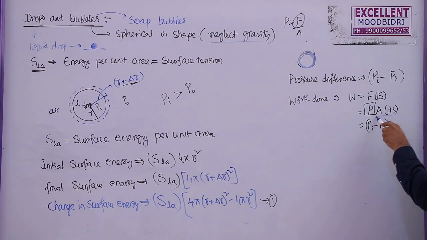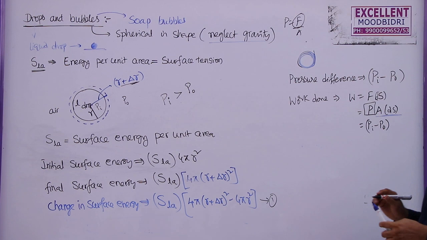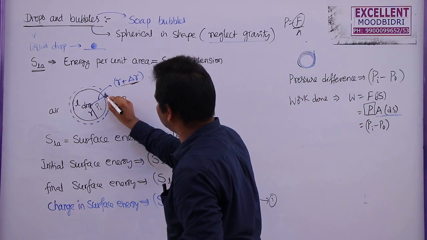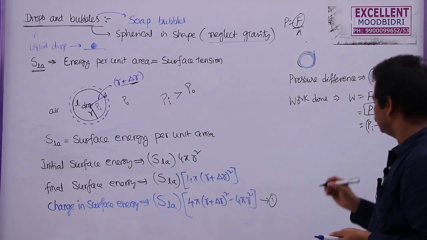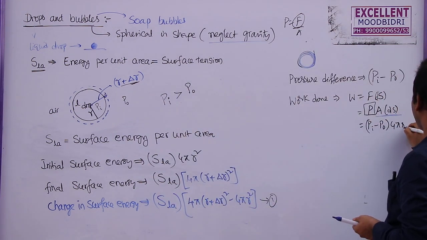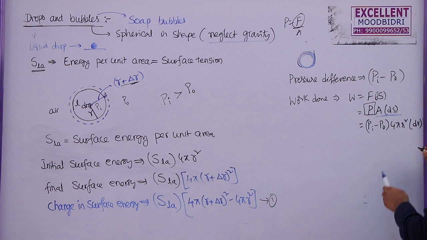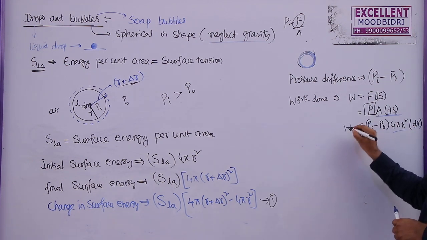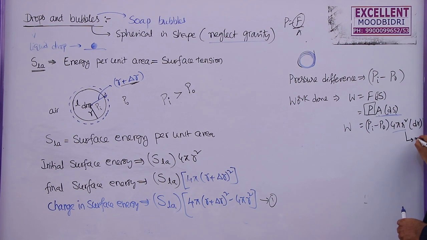This is area into change in displacement. The area of this drop is 4 pi r square and the change in length is dr here. So this will become 4 pi r square into dr. 4 pi r square is the surface area, and ds or dl or dx will be dr here. So this is equation 2, the second equation here.